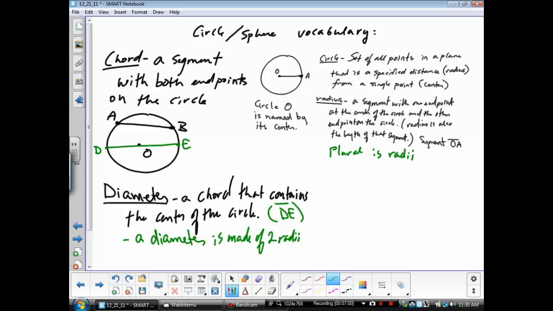It means more than one radius. Now, just like with the radius, that word means not only that segment, but the length of that segment. The word diameter means not only the segment DE, but also the length of that segment. So the diameter also refers to the length of the segment.